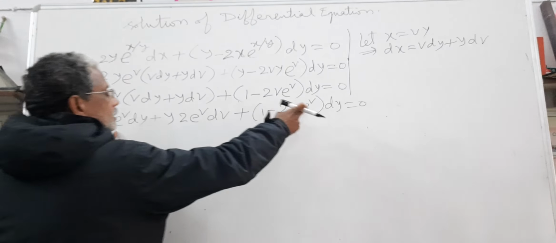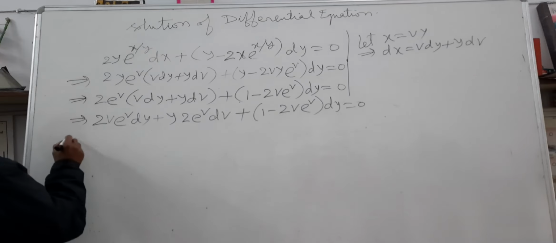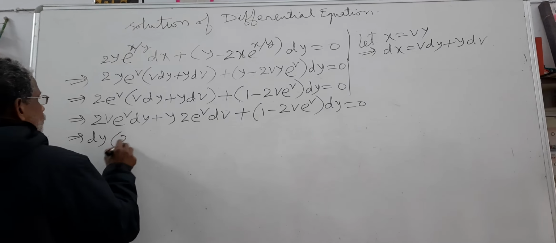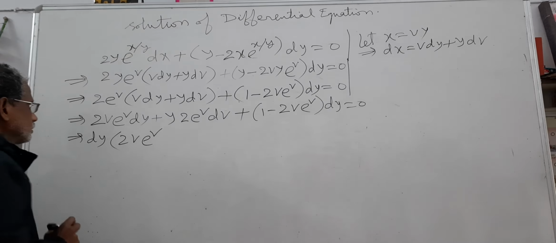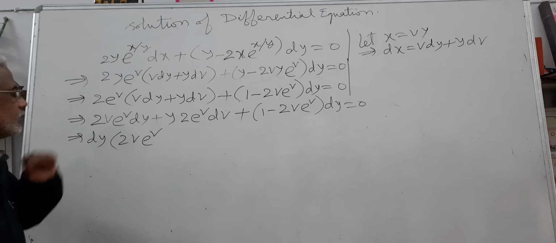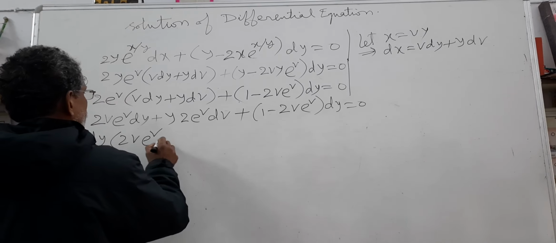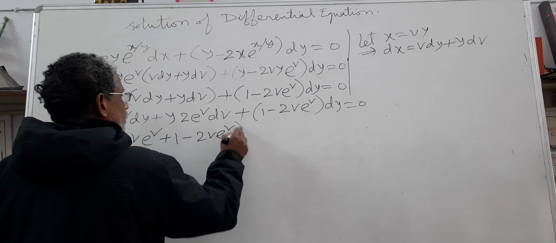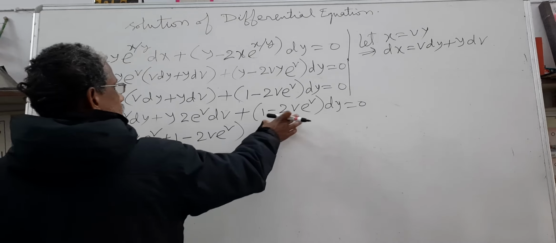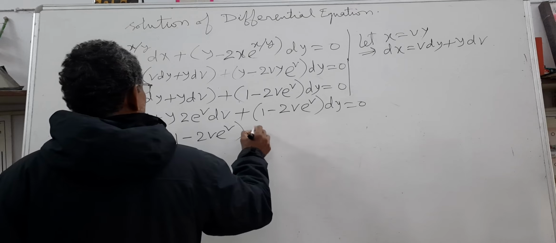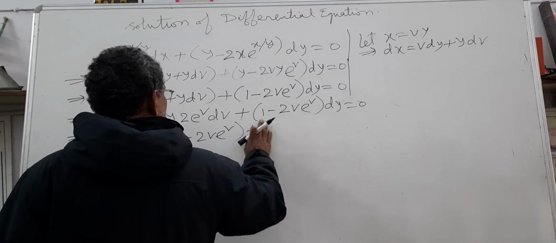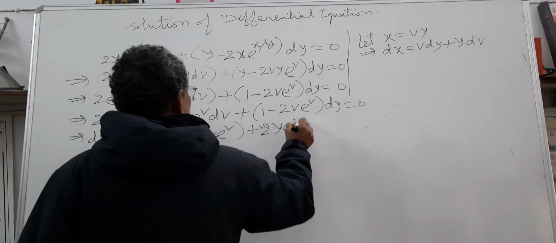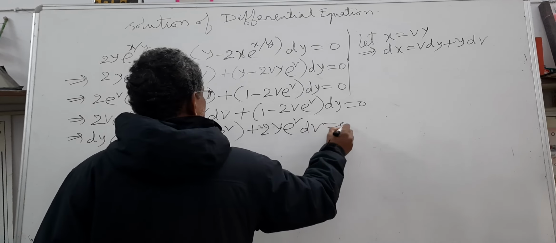Take dy common. In the bracket, 2v e to power v plus 1 minus 2v e to power v, plus y 2 e to power v dv is equal to 0.